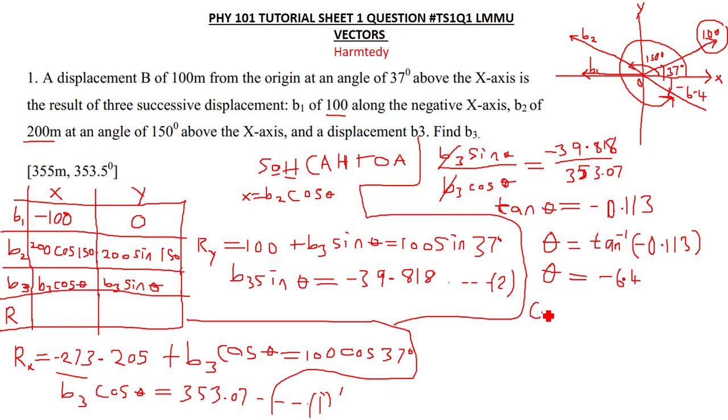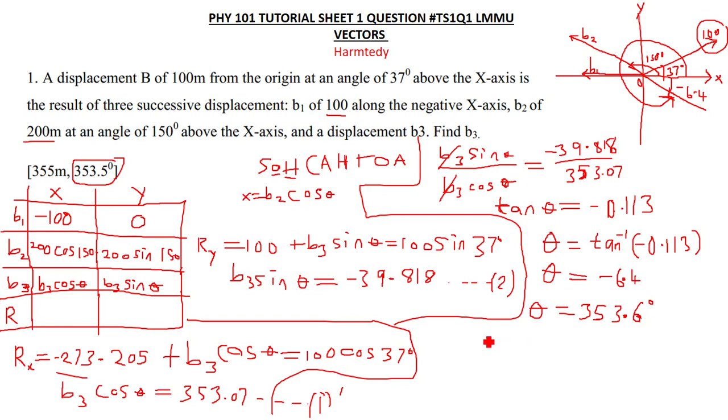So your direction will now just be equal to 353.6 degrees. If you check, this is the answer which they also found here, such that I was rounding off a lot of figures. This is the reason why I found 6 here instead of 5. But in other words, this is approximately just the same answer.